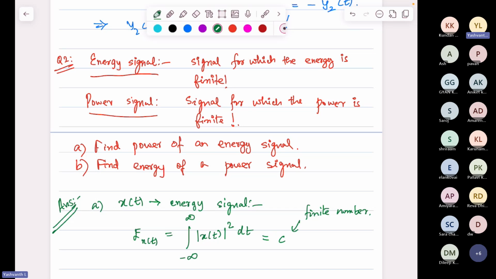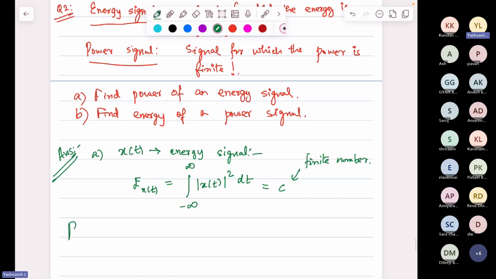Now for this x of t, we need to find the power Px. What is the definition of power of a signal? Limit T tends to infinity, 1 by T, integral from minus T by 2 to plus T by 2 of mod of x of t square dt.